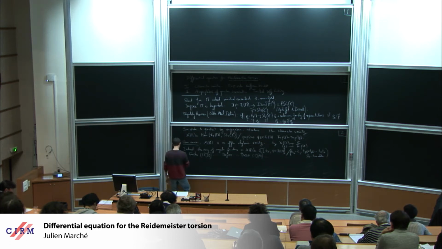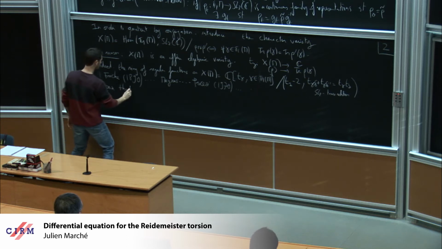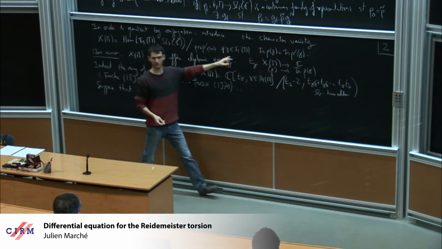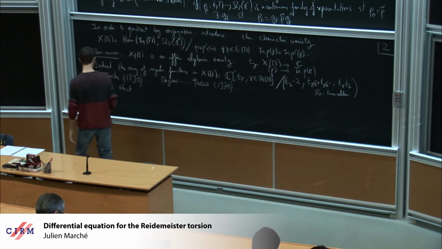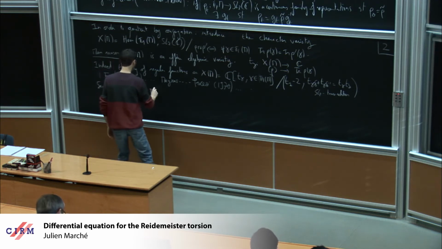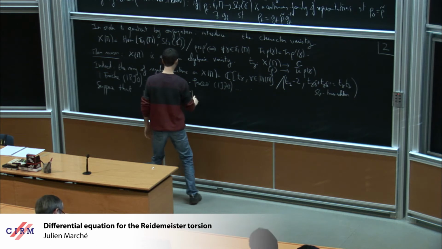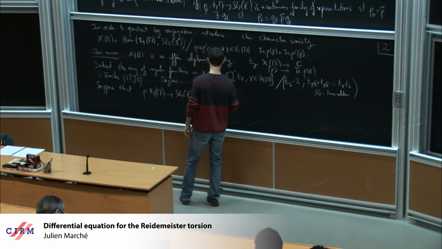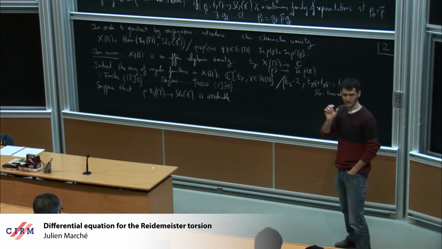Suppose that I start from a representation. I really want to say something more about this equivalence relation. Suppose that you have an irreducible representation, that rho from pi1 of M to SL2C is irreducible. For instance, the geometric representation is irreducible. In that case, I would like to say more about this equivalence class.